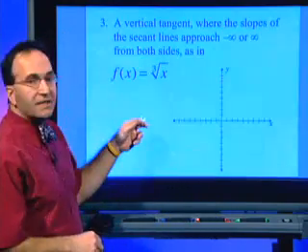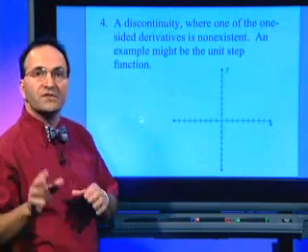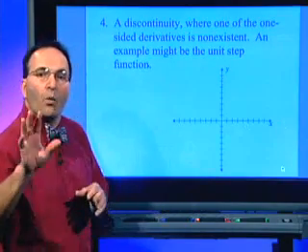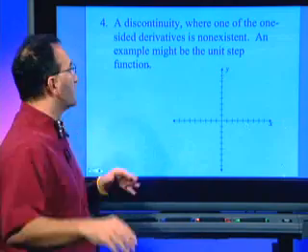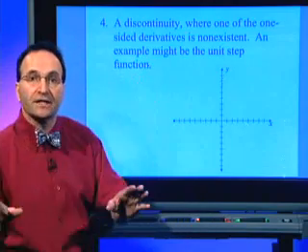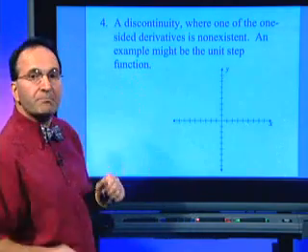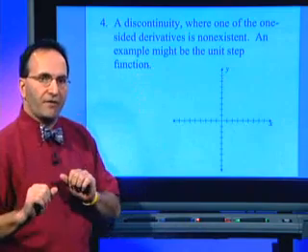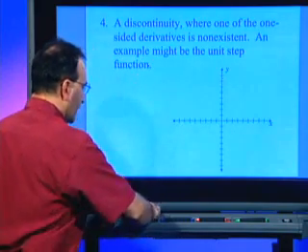The fourth example I want to take a look at with you is discontinuity, where one side of the one-sided derivative is nonexistent. An example might be the unit step function. Let me draw that for you.